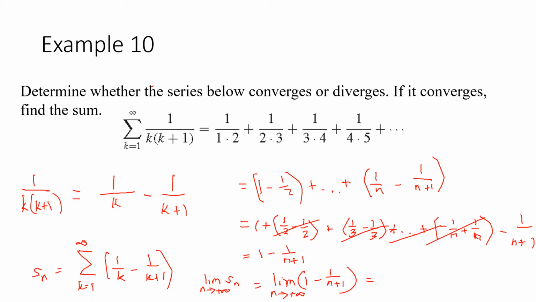So the limit of 1 minus the limit of this, which is 0, is equal to 1 minus 0, which is equal to 1. Therefore, the limit of the sequence is equal to 1.